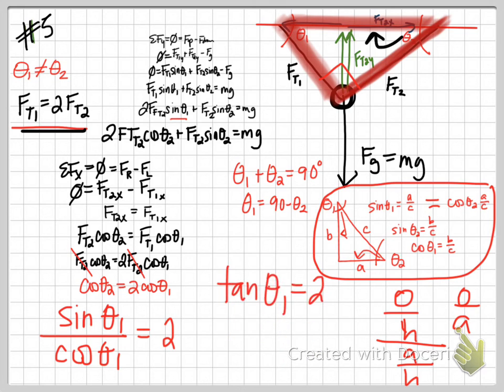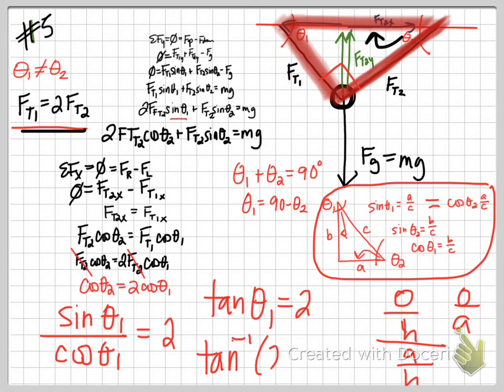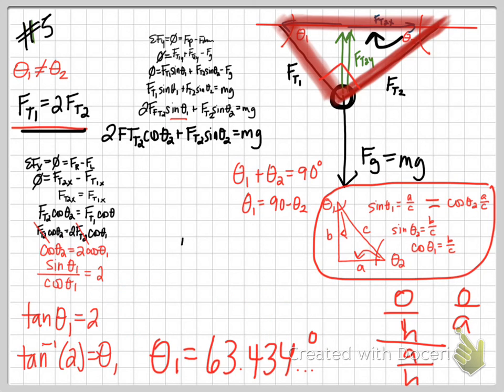Can we figure out theta 1 from here? Inverse tan function of 2 equals theta 1. What's theta 1? Can you now find theta 2? Sure, because 63 point whatever plus theta 2 equals 90. Shut up, Moser.